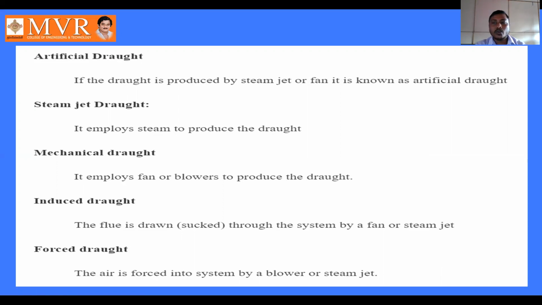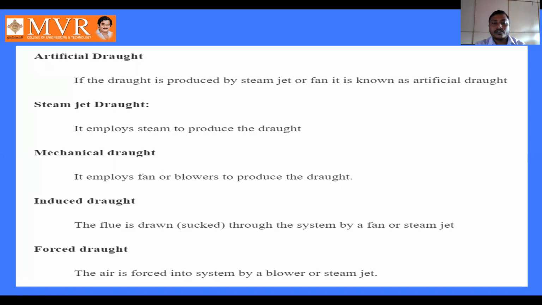Means here the steam is going to produce the draft in steam jet draft. And coming to the mechanical draft, it employs fans or blowers to produce the draft. Means in mechanical draft we are using fans or blowers for producing the draft.